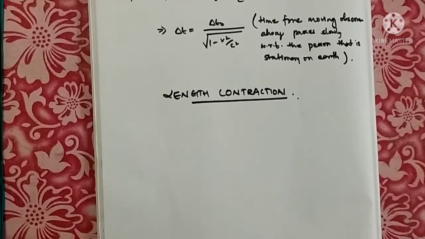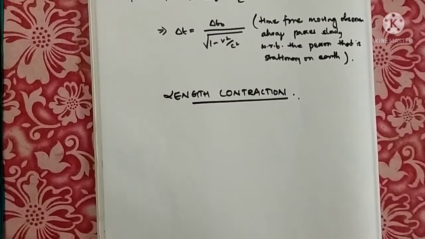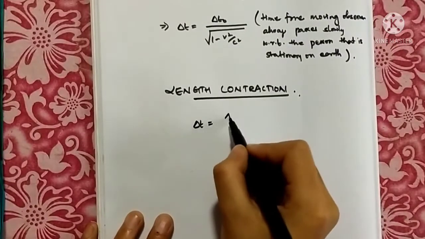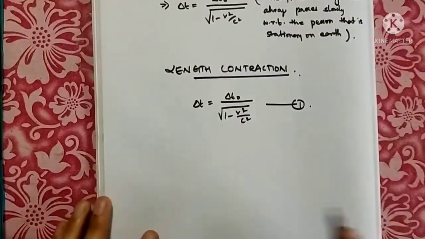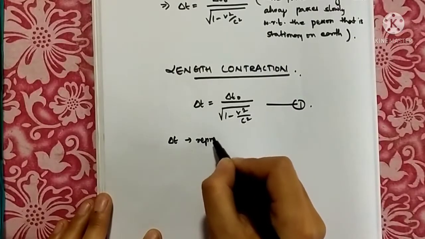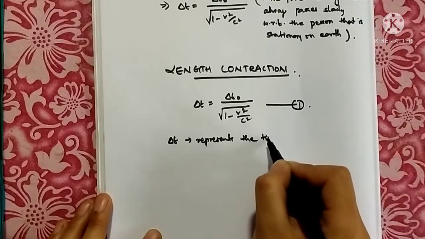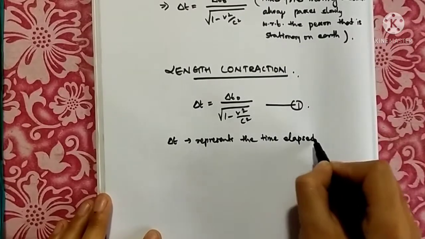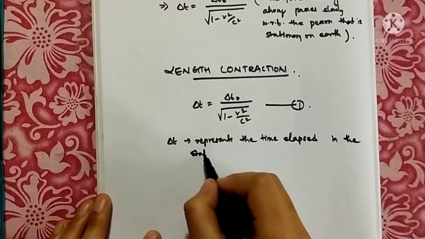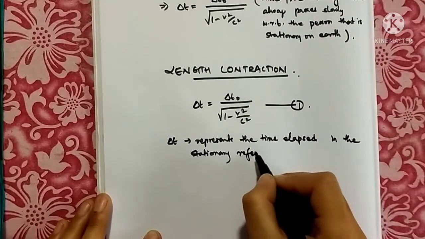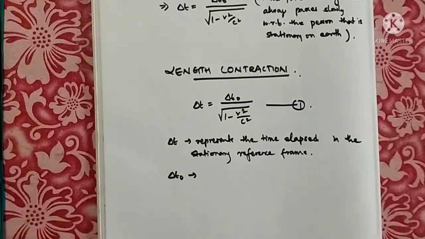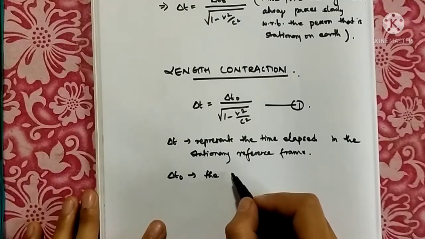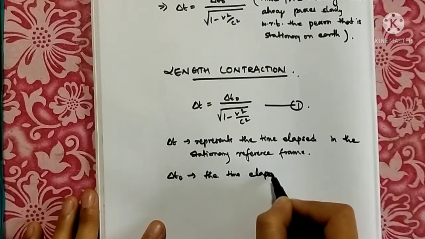That is, time will slow down for objects moving with high velocity relative to their stationary counterparts, which is delta t is equal to delta t naught by under root 1 minus v square by c square, equation number 1, where delta t represents the time elapsed in the stationary reference frame, while delta t naught, which is proper time, represents the time elapsed in the moving frame.